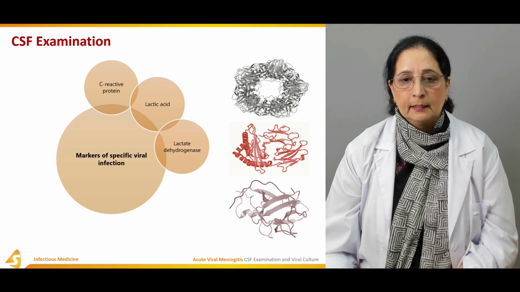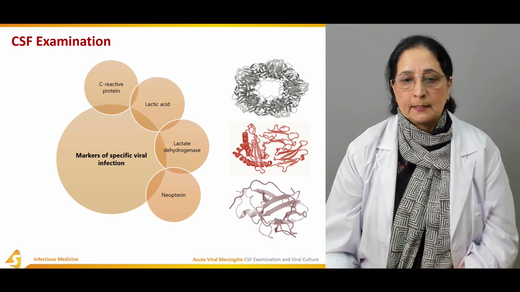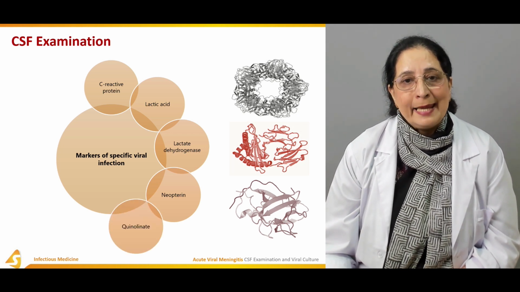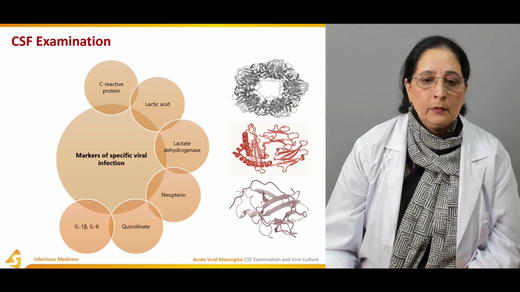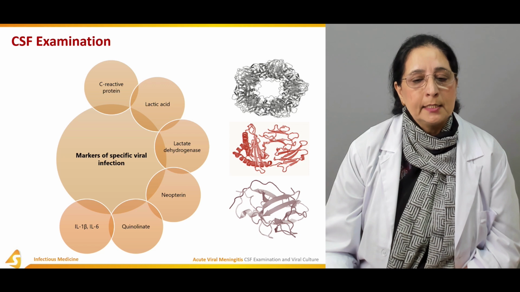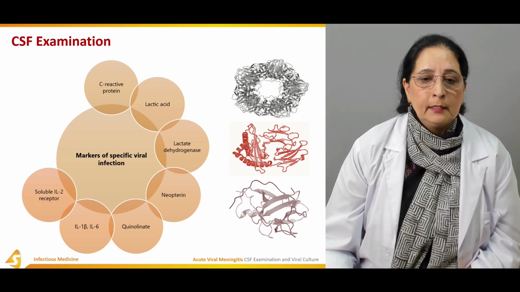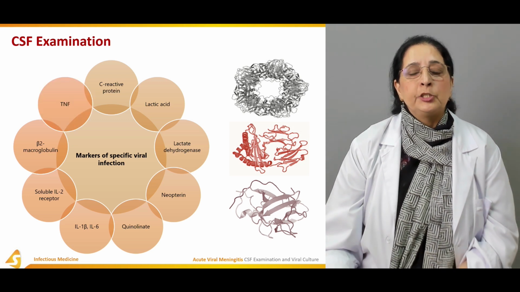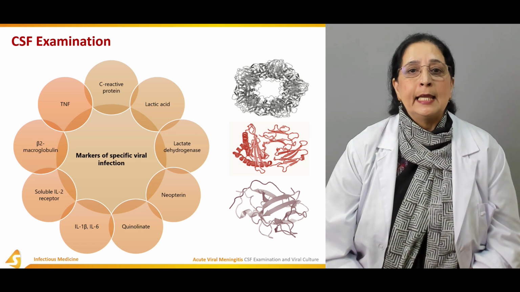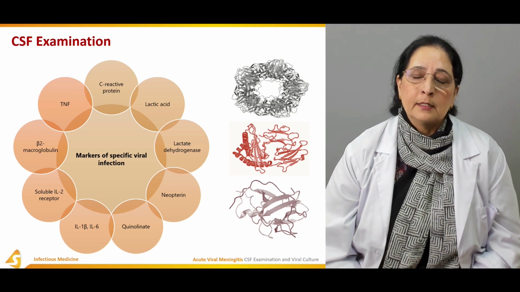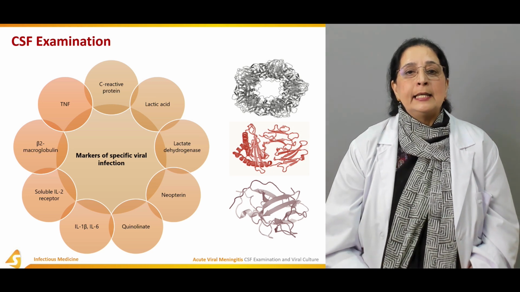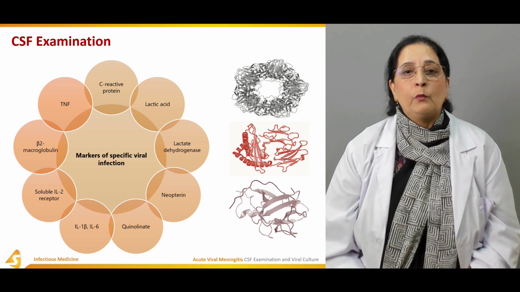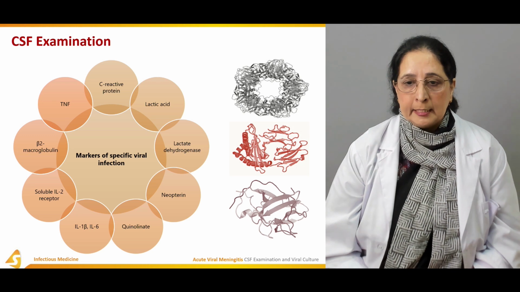Lactic acid, lactate dehydrogenase, neopterin, quinolinate, interleukin 1 beta and interleukin 6, soluble interleukin 2 receptor, beta 2 microglobulin, and tumor necrosis factor, TNF. These are all the markers. If they are present, it's an indication that we have meningitis caused by specific viruses.